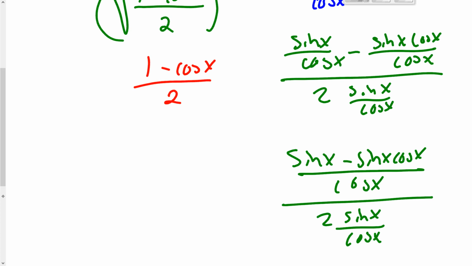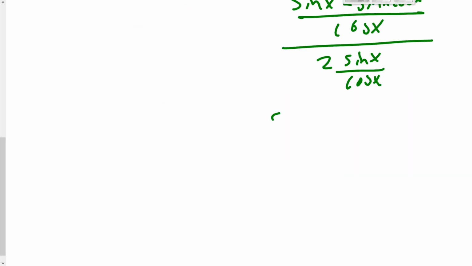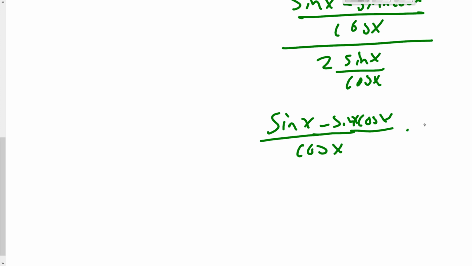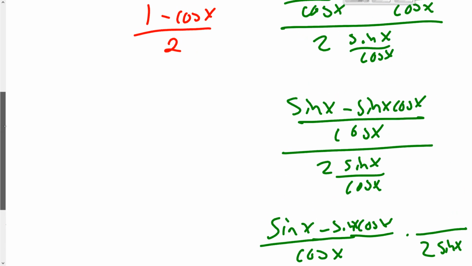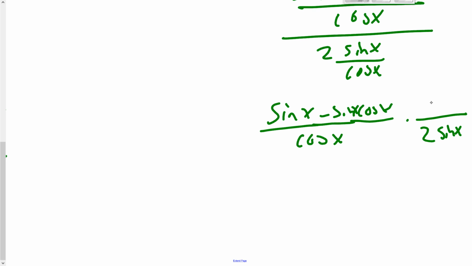Now we can flip that bottom one. So we have sine of x minus sine of x cosine of x, all over cosine of x, multiplied by the flipped denominator, so the 2 sine of x is going to be on bottom, which is what I want, because that gives me the 2 on bottom like the left side. And on top I have cosine of x, so these will cancel.